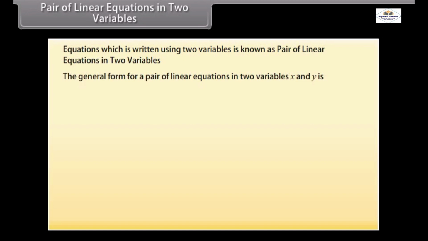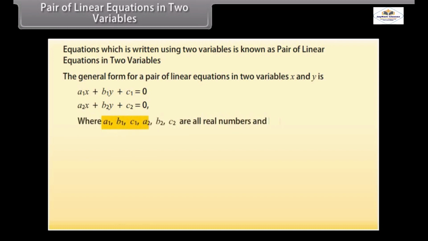The general form of a pair of linear equations in two variables x and y is a1x plus b1y plus c1 equals 0, a2x plus b2y plus c2 equals 0, where a1, b1, c1, a2, b2, c2 are all real numbers and a1 square plus b1 square is not equal to 0, a2 square plus b2 square is not equal to 0.